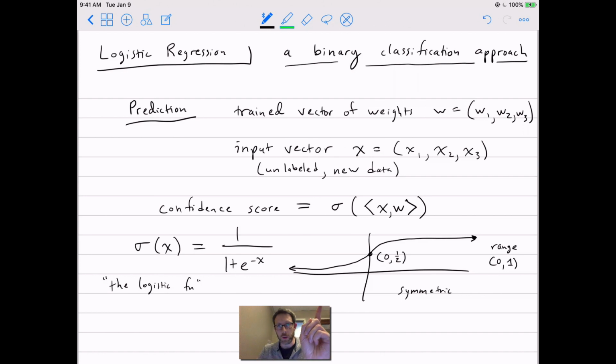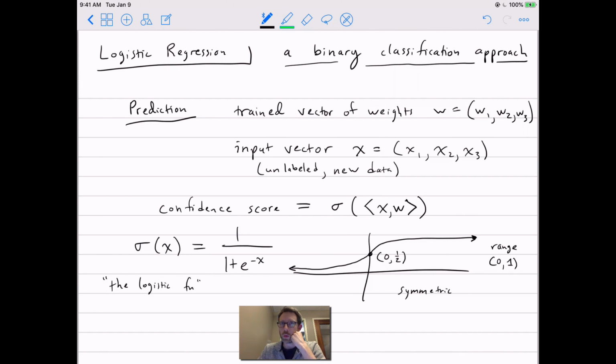Now if you're a very smart person, you'll probably be saying, wait a minute, isn't this a binary classifier? Excellent point. You're right. It's weird that the word regression is used for logistic regression because it is not a regression model. Okay, so it is weird. It's a misnomer.